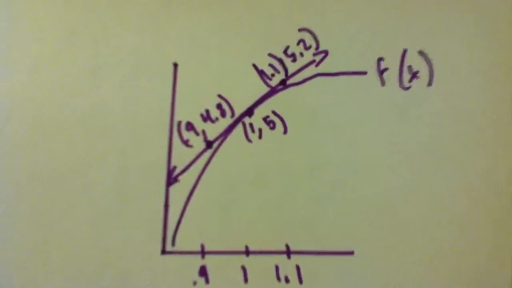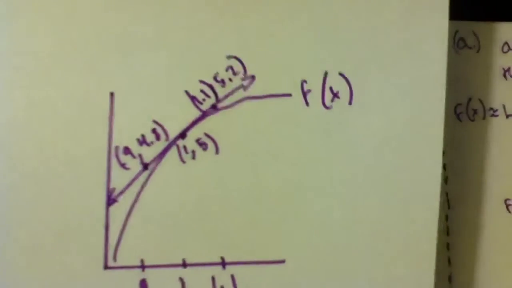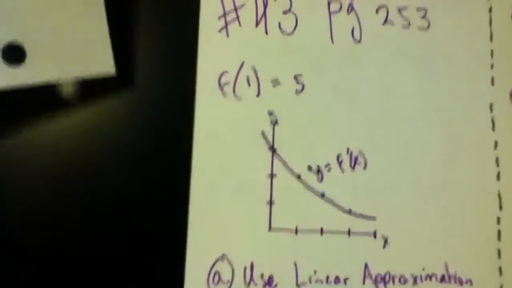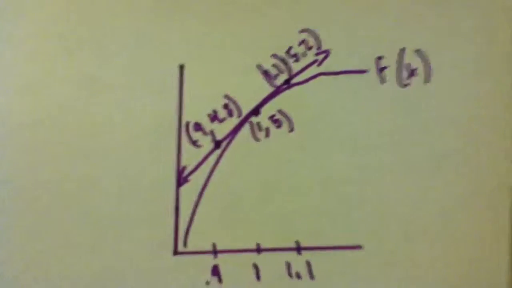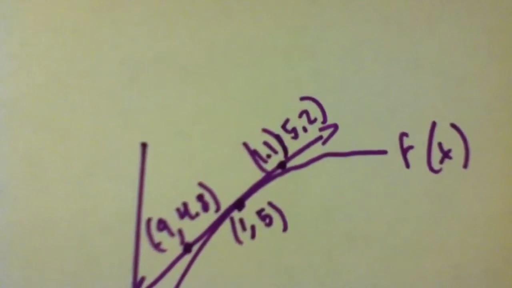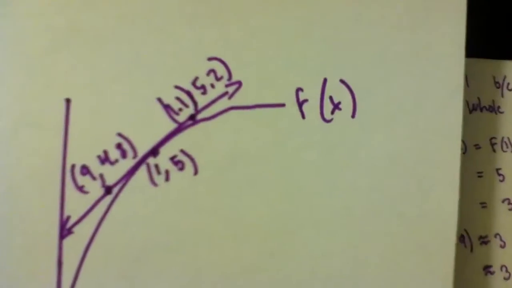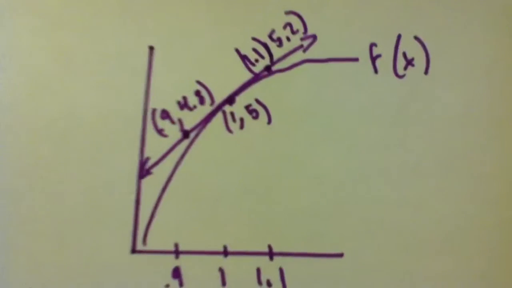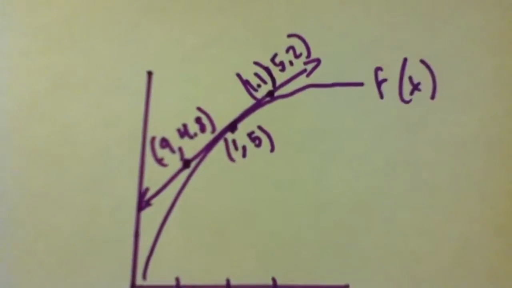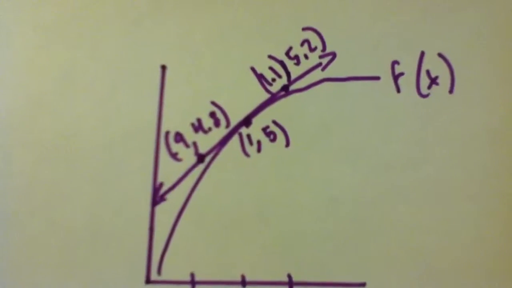So at 1, 5, that's the point where the function that the question is working with, right? So as you can see, 0.9 and 4.8 and 1.1 and 5.2, they're not on the function itself, they're not on the curve, they are on the tangent line at 1, 5.